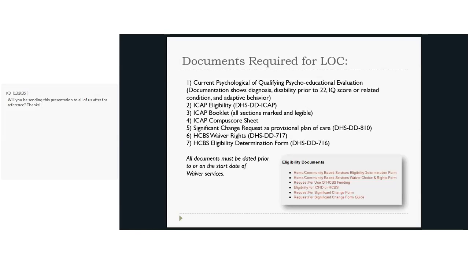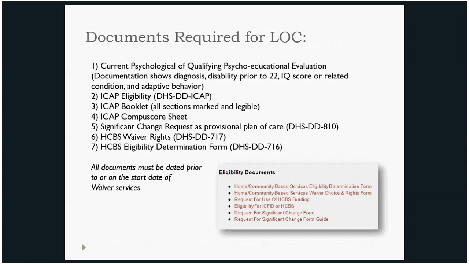Maybe they're moving across state and they sign it a day or two after starting. That's an issue because then we would have to go with that date they actually signed the form and process it given that date. So just make sure that all documents are dated prior to or on the start date of waiver services.